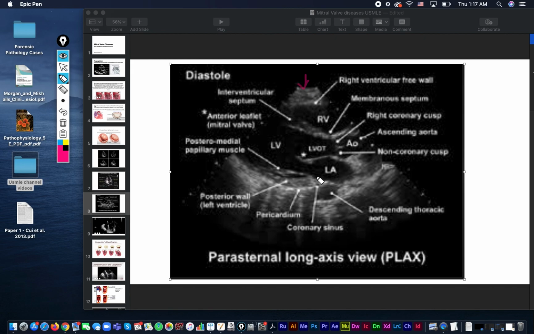Okay. You got the left ventricular outflow tract through the tricuspid aortic valve. Why they're called semilunar valves, I don't know why.